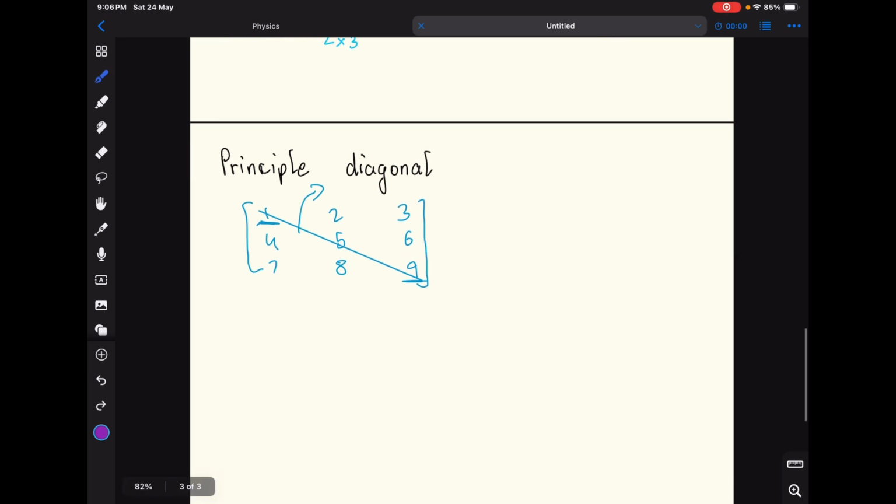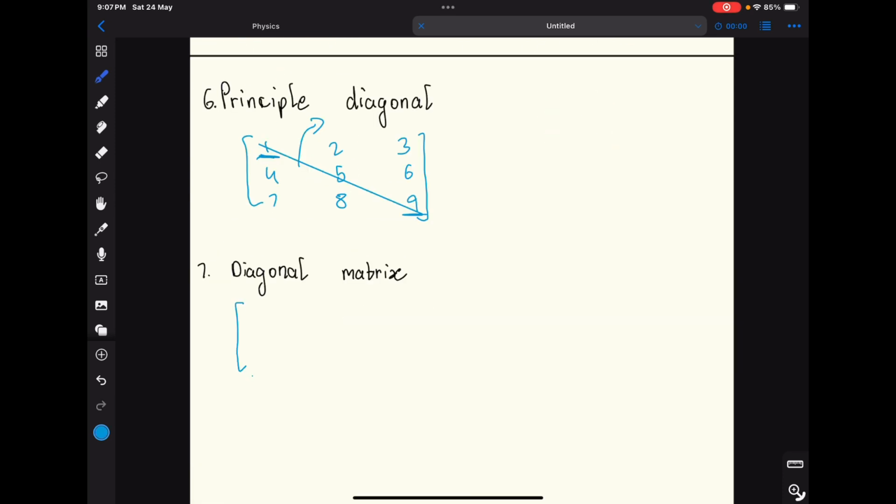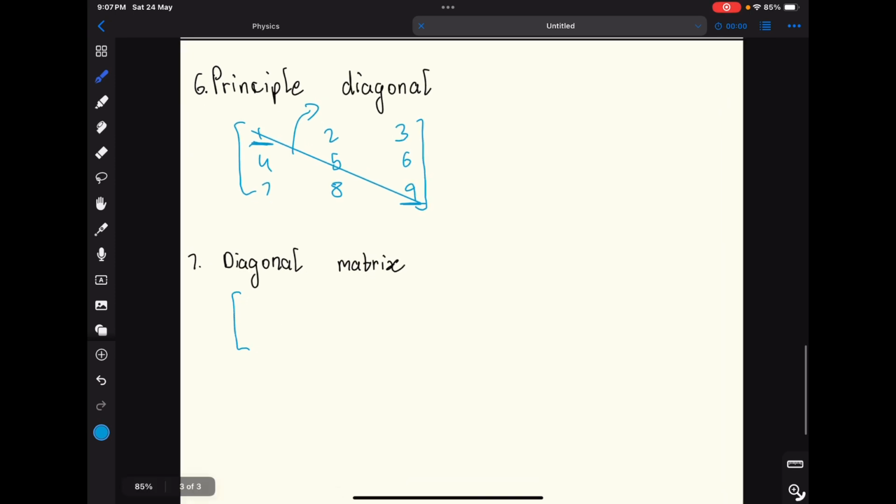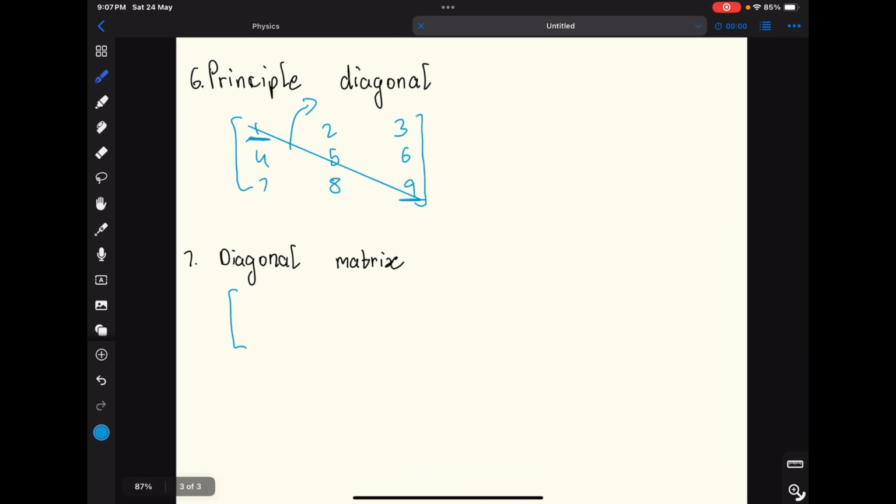Now that we have understood the principal diagonal, a diagonal matrix is always a square matrix, where except for the elements in the principal diagonal, all the elements are 0. For example, 1, 0, 0, 0, 2, 0, 0, 0, 3.